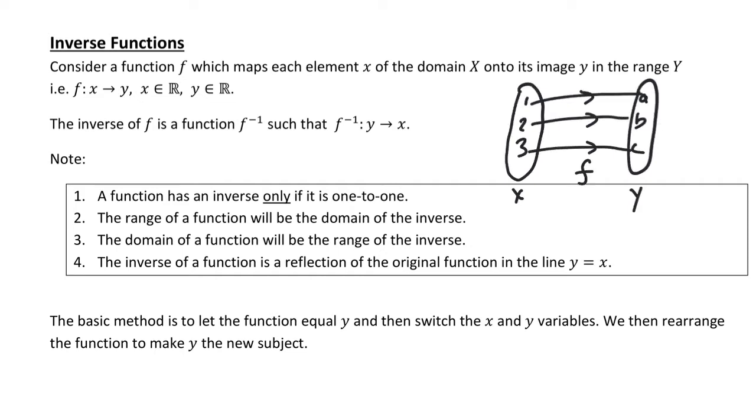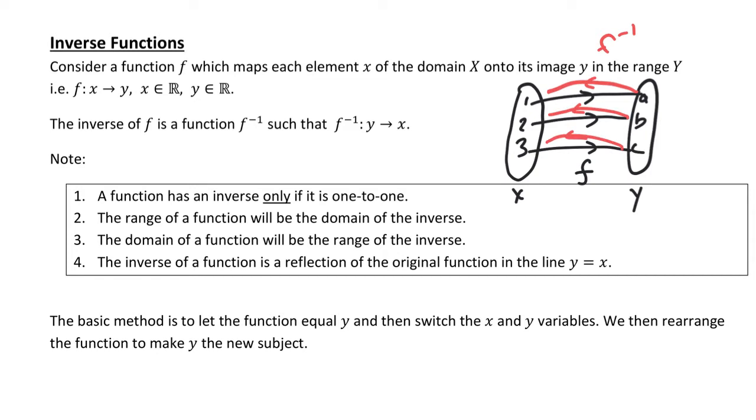Then we can say that f is such that it maps X onto Y, and each element in X belongs to the real numbers, and each element in Y also belongs to the real numbers. Then, if this is true, there exists an inverse function that will take us back the way, and that's going to be f to the minus 1. So it will map a onto 1, b onto 2, and c onto 3.